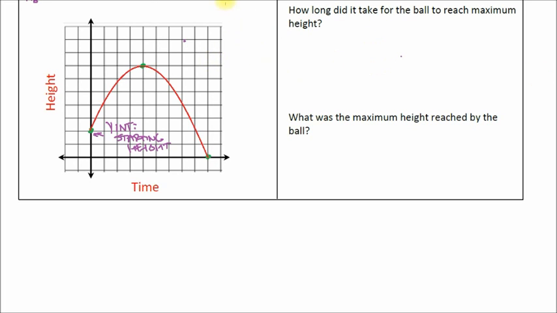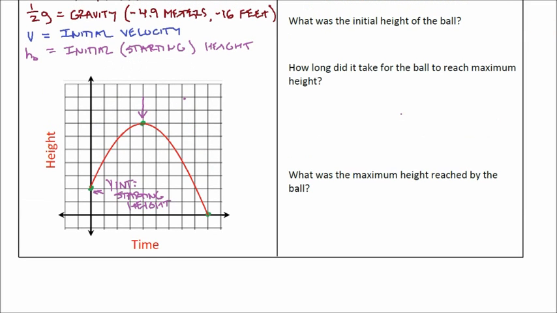Now, here's something really important. Let's label the vertex. And I'm going to put an arrow up here like this because I want to show you a couple things about the vertex. Okay, so let's pick a different color so we don't get it mixed up with the definitions here. So this is the vertex. And here's two things you want to recognize about the vertex.